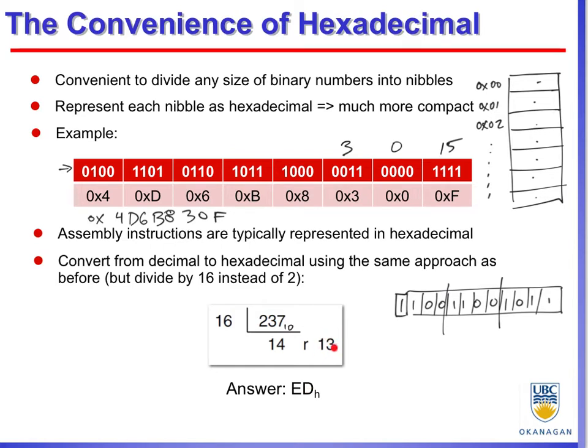Okay, and decimal 13 is the hexadecimal digit D. A is 10, B is 11, C is 12, D is 13, E is 14, and F is 15. And then this last quotient, which can no longer be divided by 16, is your last digit. And so a decimal value of 14 corresponds to the hexadecimal digit E.